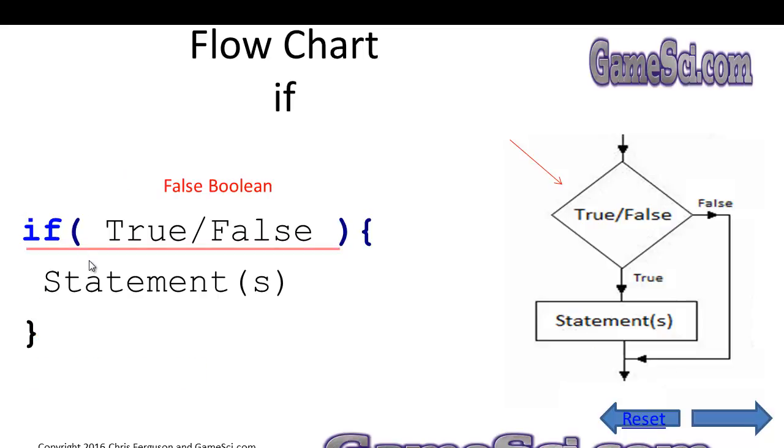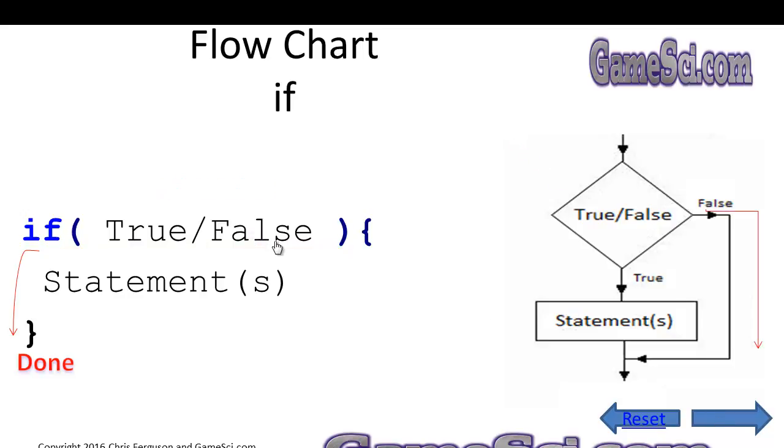Once again, we come to the if portion, and this time, we're going to be looking at a false Boolean or condition. What happens when this condition inside the parentheses evaluates to false? As I advance the animation, you'll see in the if statement, it skips past the block of statements, past the closing curly brace, and nothing executes.